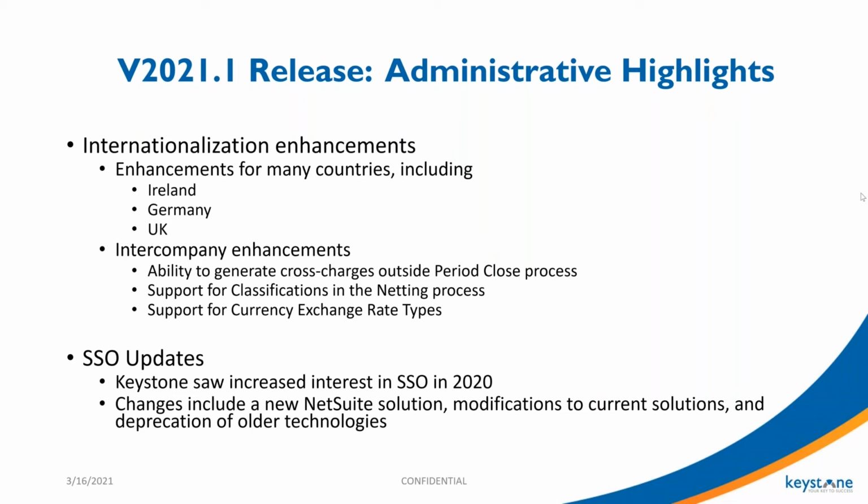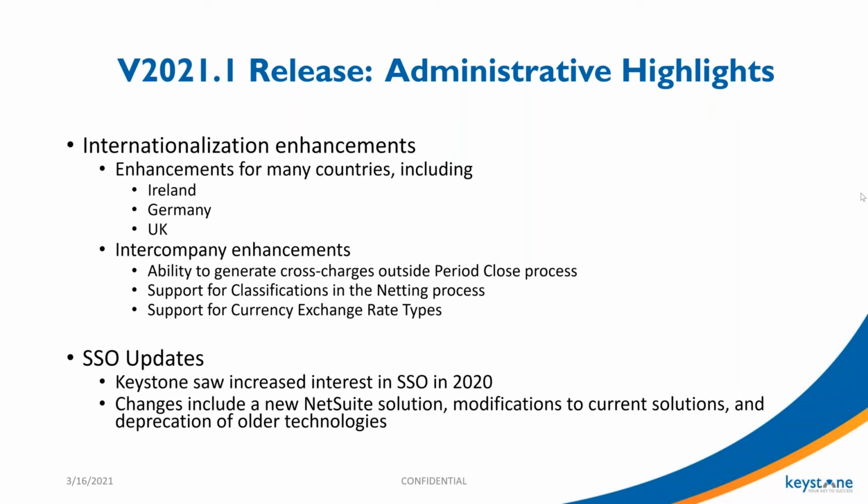There are tools that you can use to effectively net. If subsidiary A owes subsidiary B 100K and subsidiary B owes subsidiary A 80K, there's a process where you can tell NetSuite to net those two, so you only end up with a net of 20K due from subsidiary A to subsidiary B, if I remember the order I spoke those correctly.